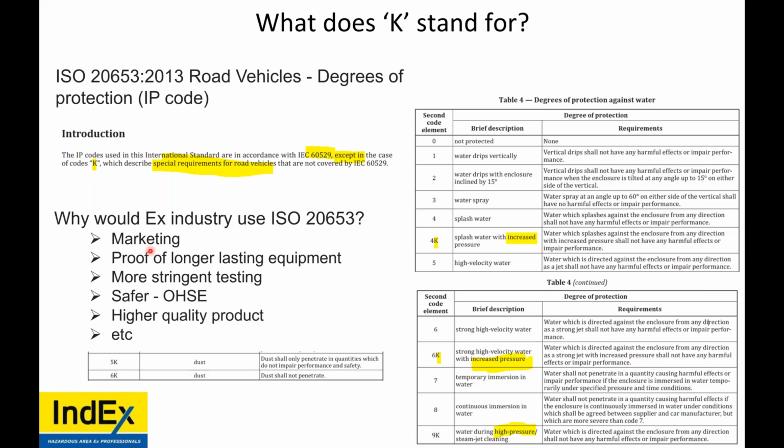No water, no dust getting in, health and safety and environmental protections are even greater. It's a higher quality product. So you'll start finding some offshore users actually call for IP69K. Some manufacturers have skipped IP69 and gone to 69K. There is a difference between them.